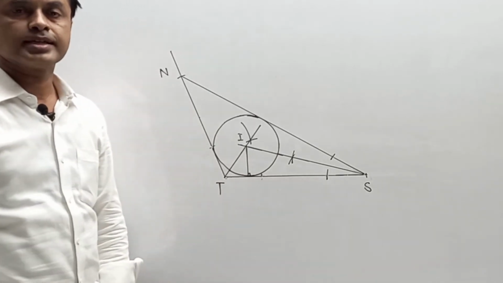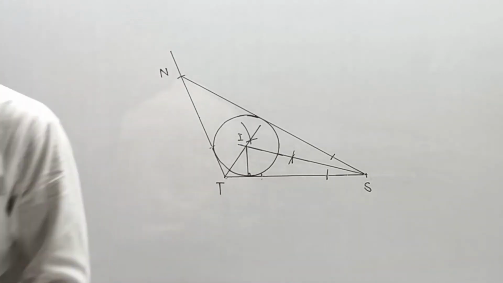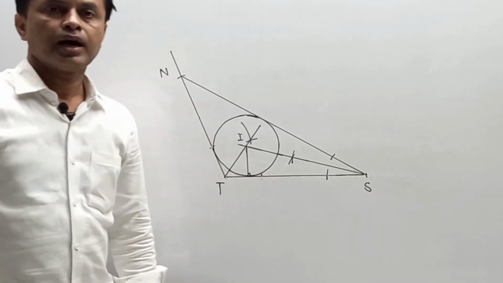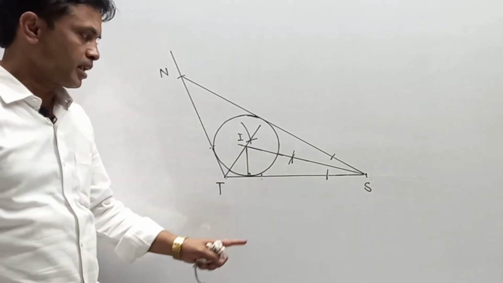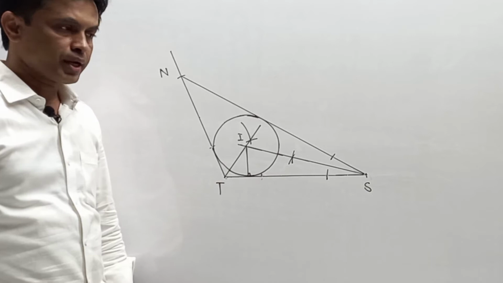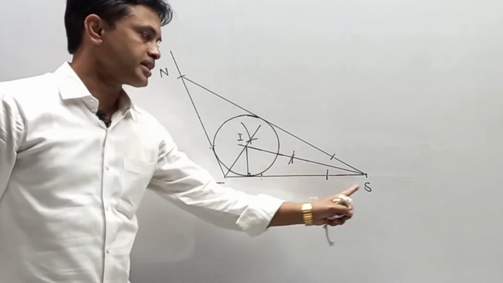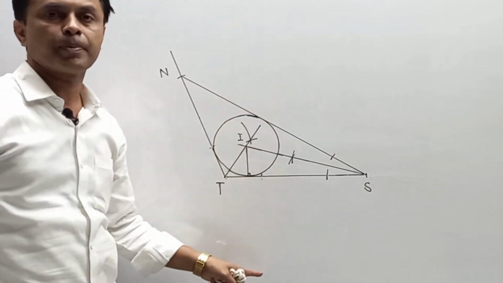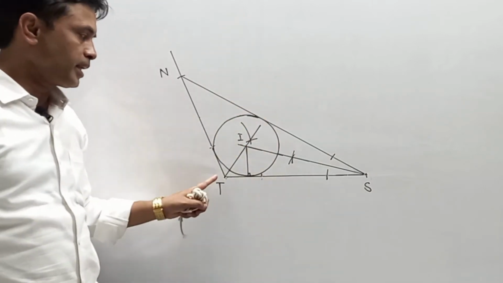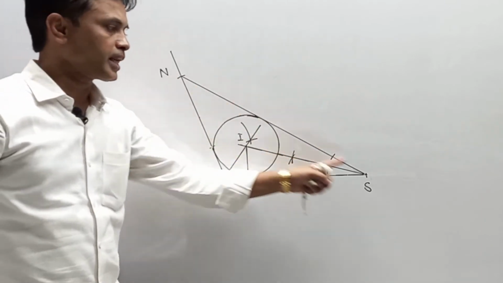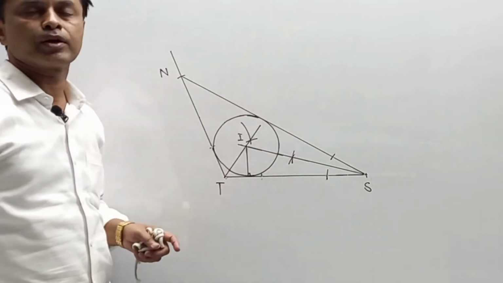Now in the circumcircle, we have to draw any two sides in terms of perpendicular bisector. Let us say one side is TS, then I am going to draw its perpendicular bisector. For NT, this is one side, I am going to draw one perpendicular bisector. Or also you can take NS and draw its perpendicular bisector.